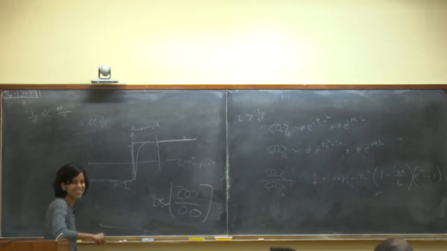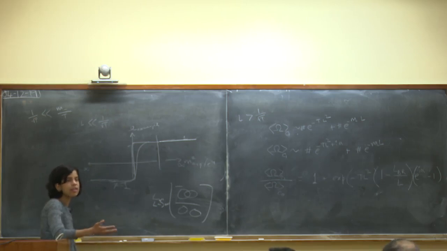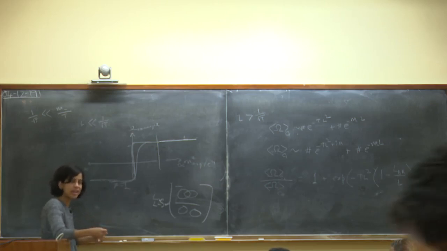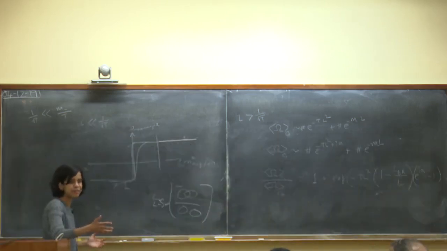I think his only worry was whether this probe is also as expensive, whether it scales in the same way as the volume. Suppose you word it like this: when you are in 2 plus 1 D, the interaction of these vortices goes as log, which is the same as the interaction of particles. So their interactions are not very different in that sense.